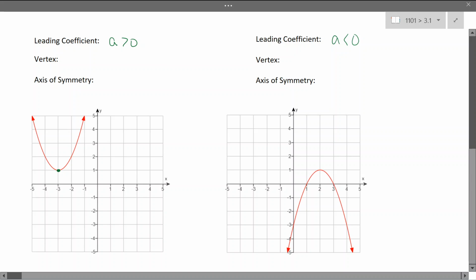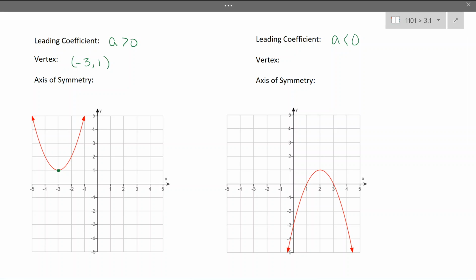So our vertex is going to be -3, 1, because after that point, our graph starts going back up. One thing to note is that for a quadratic, our vertex is always going to either be the topmost point or the bottommost point of our parabola.